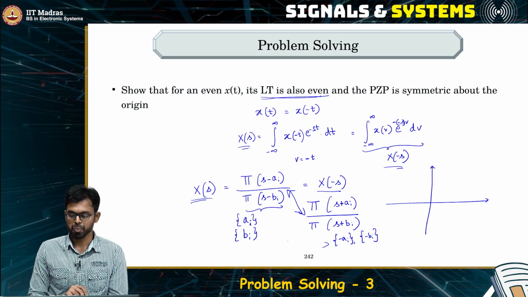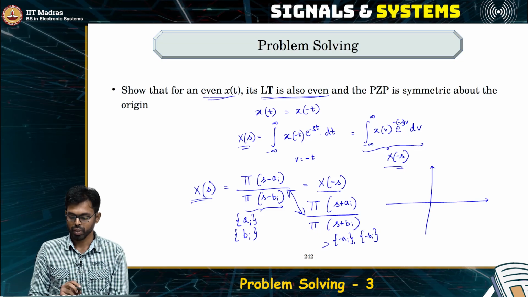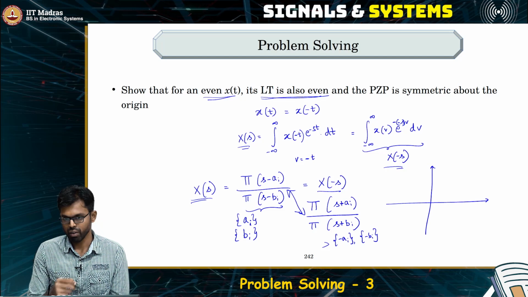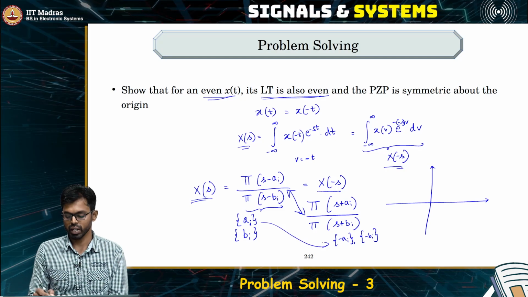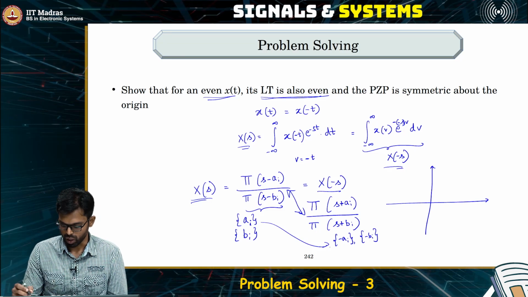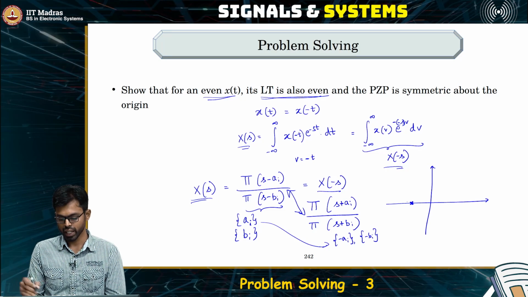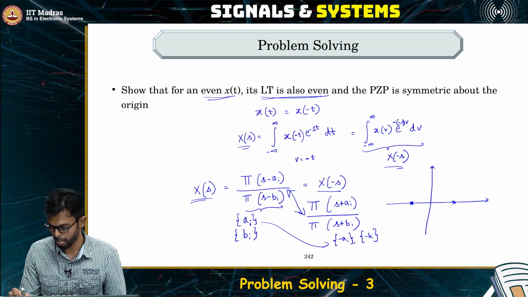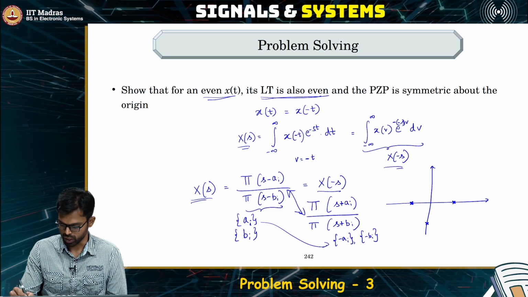In other words, if the time domain signal is even, then for every pole, the negative of that pole also exists, and for every zero, the negative of that zero also exists in the pole zero plot. So, if we have a pole like this, let us say this is a pole, then the negative of that will also exist. If we have a pole here, then the negative of that will also exist.